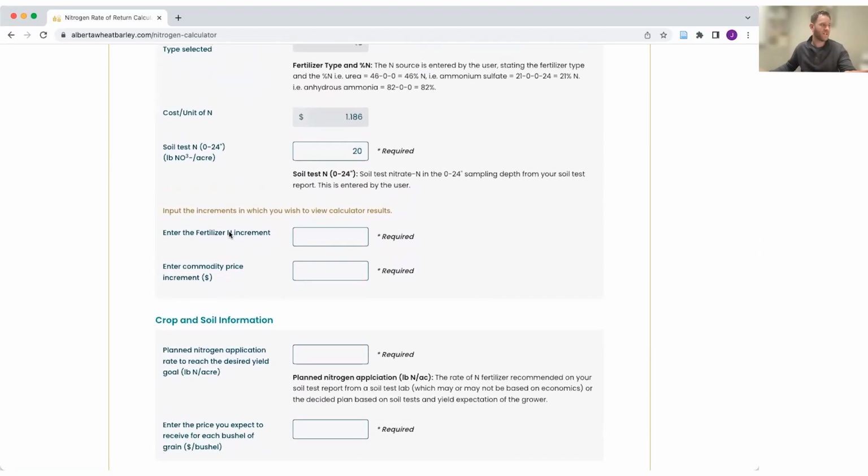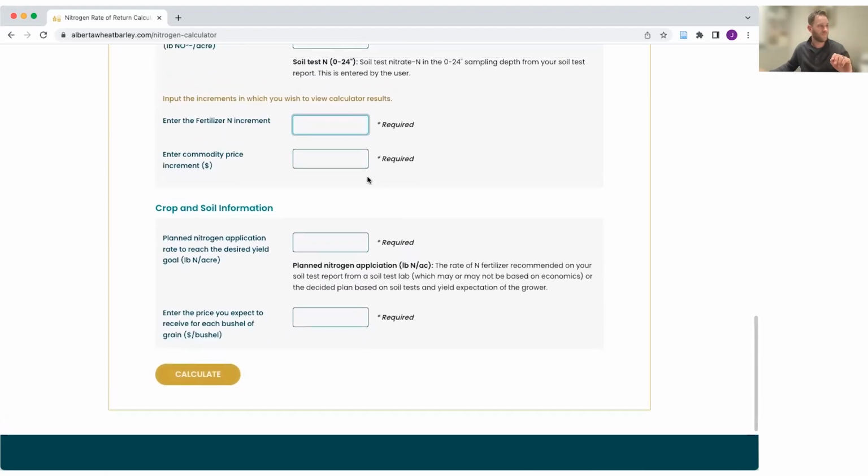The next part is a little bit counterintuitive, but bear with me. When you click calculate at the end here, you're going to see the results based on the fertilizer rates that you're potentially working with and the price of the commodity that you are selling. We want to see that in specific increments on that table. For nitrogen, I want the table to change for every 10 pounds of nitrogen, and for commodity price, I want to see it change every 50 cents.